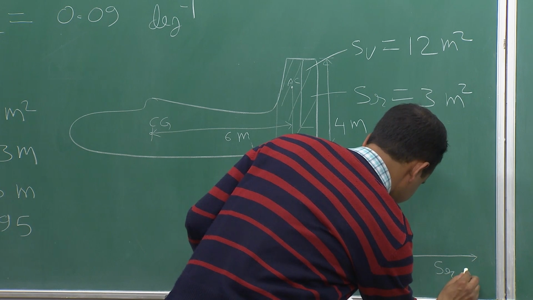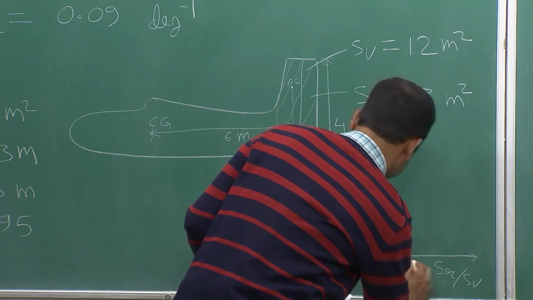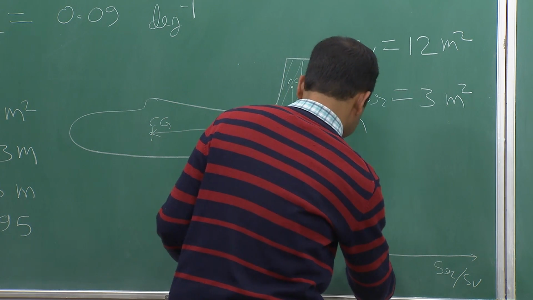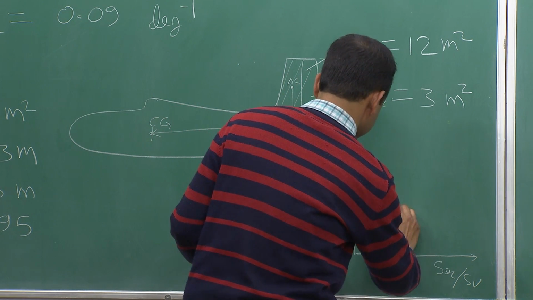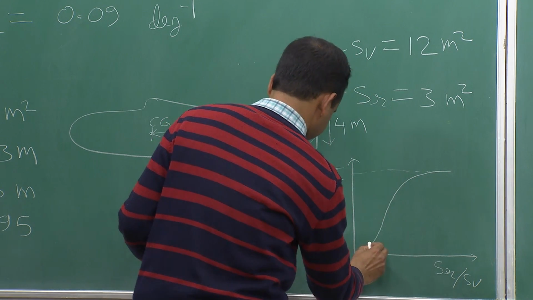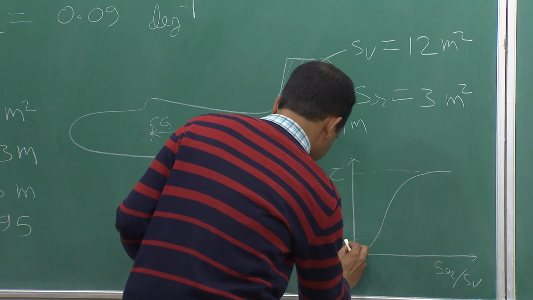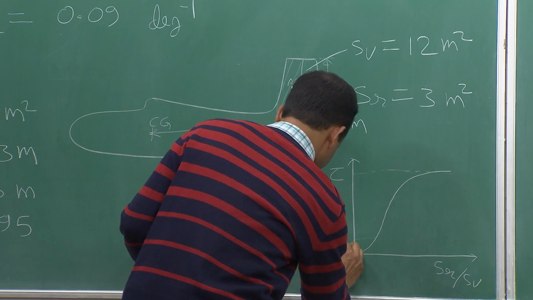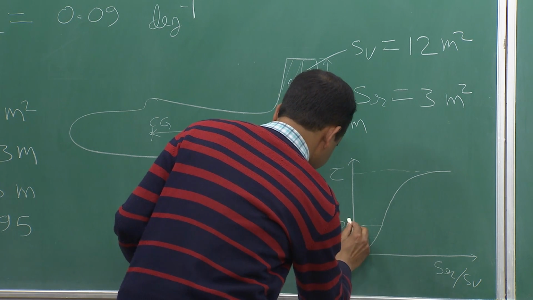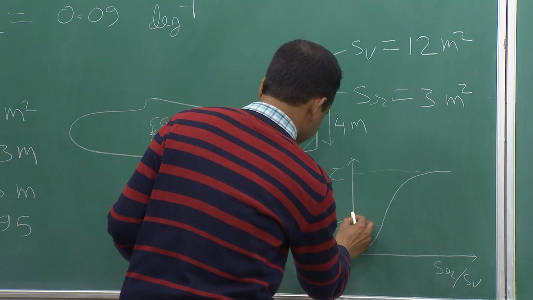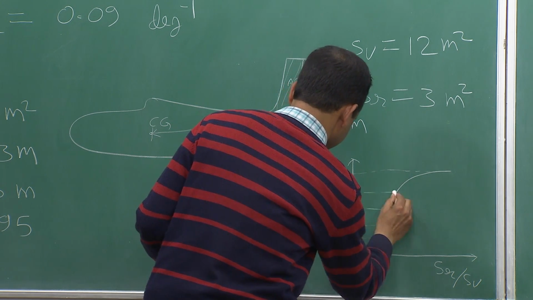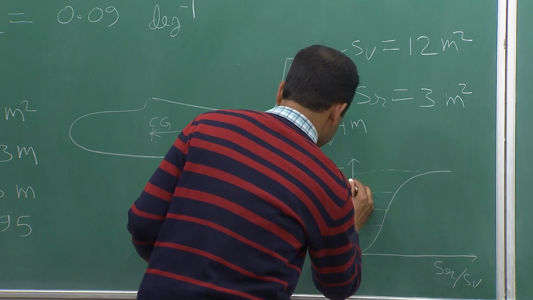This is SR by SV, and this is tau. This is 0.2, 0.4, 0.6, and over.